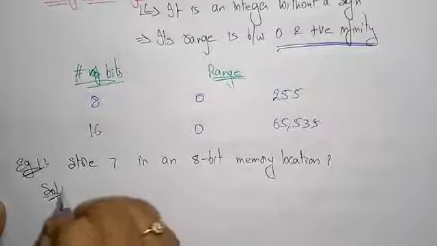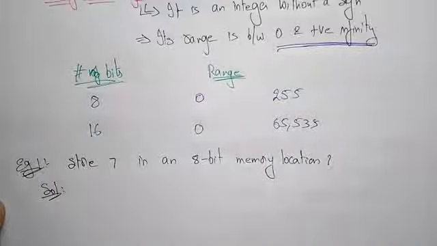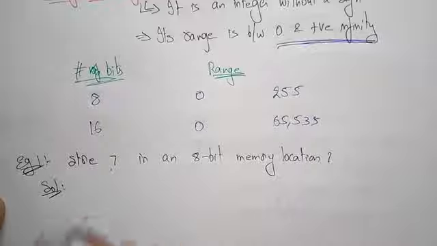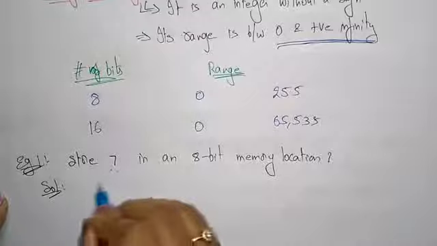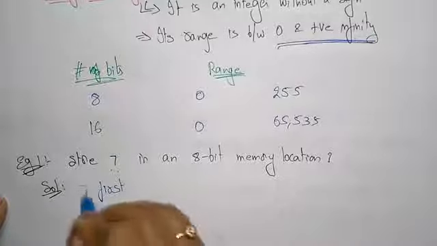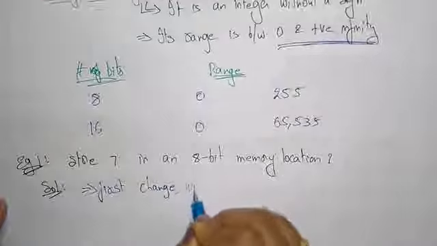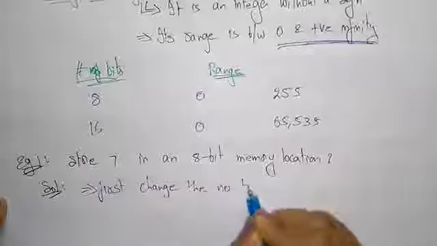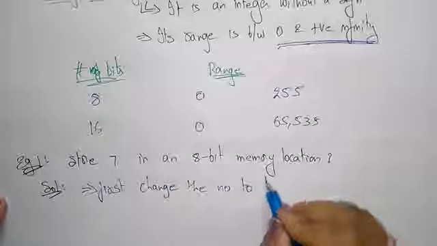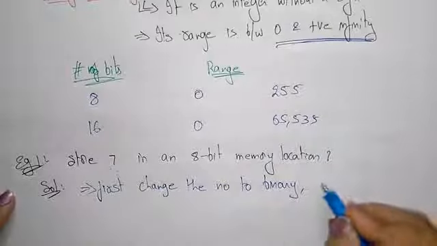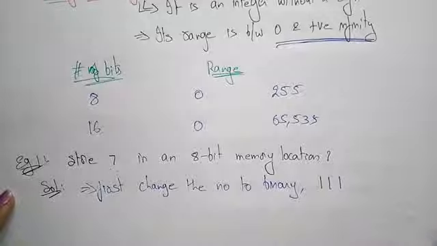The solution: this is a decimal number, so first you have to convert that decimal number into a binary number. The binary representation of 7 is 1 1 1.